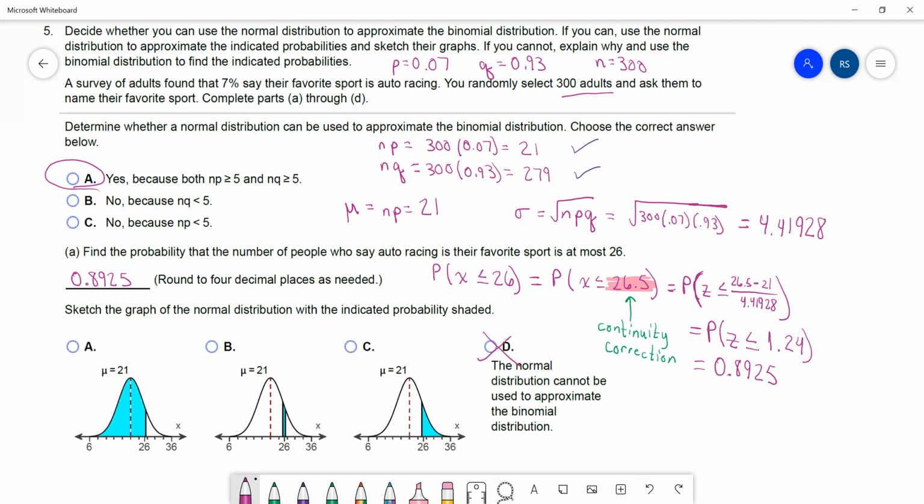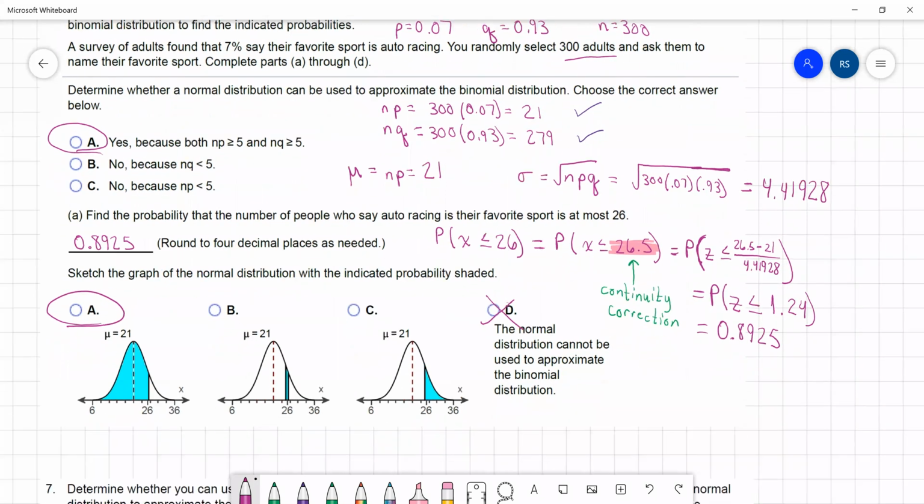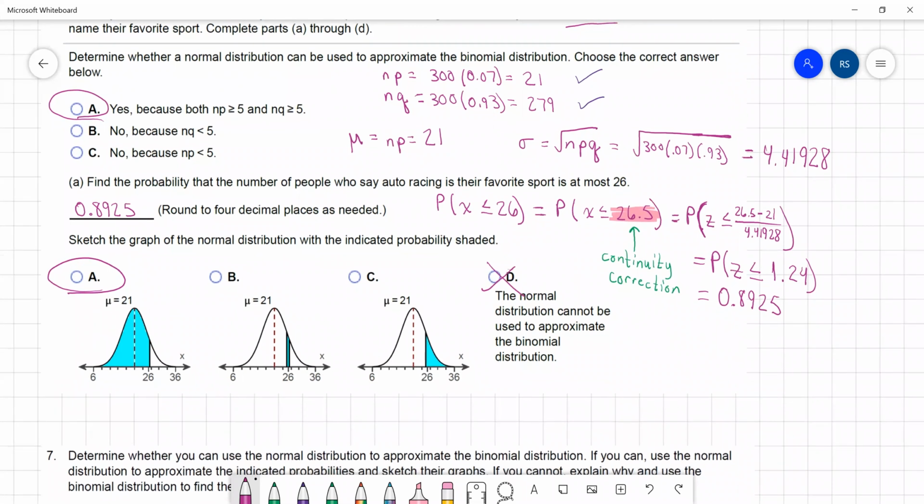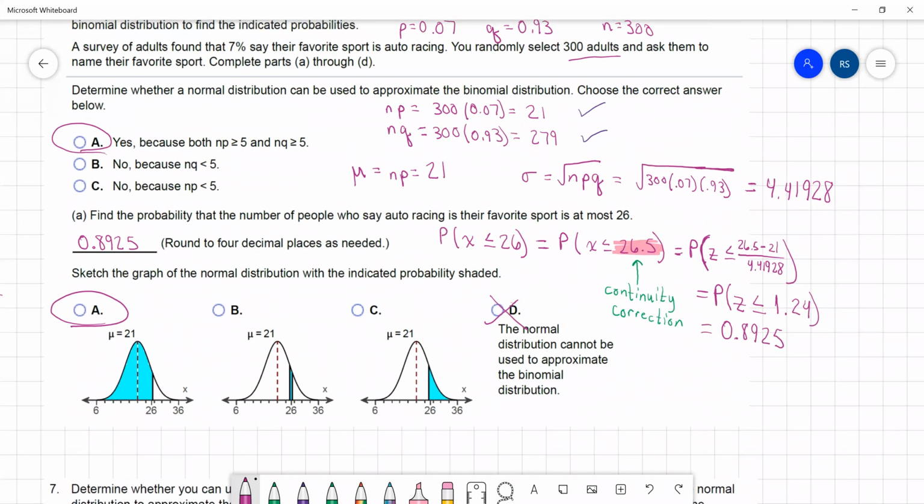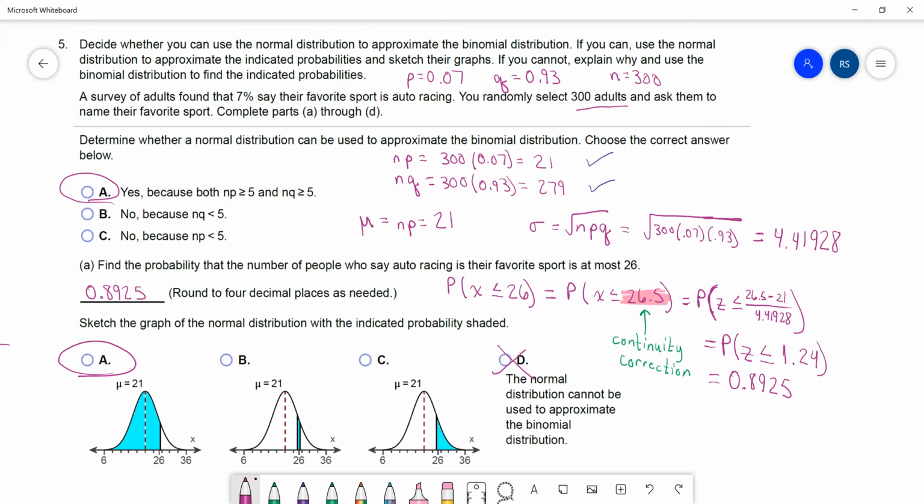So that means our answer here would be A. Which really we're doing 26.5, not 26 itself. Okay, so that's how you do one. That's the first one we're going to look at. So we had to do our continuity correction. Then we just got our z-score like normal at that point.